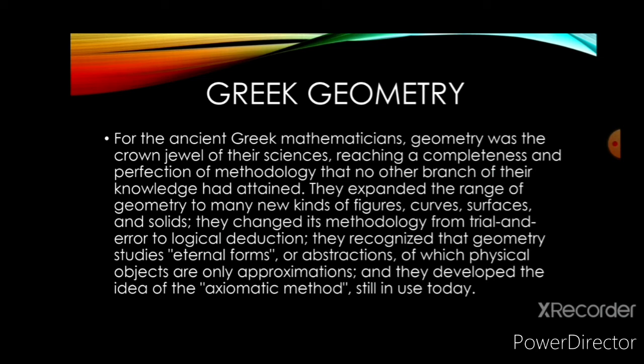They recognized that geometry studies eternal forms or abstractions, of which physical objects are only approximations. And they developed the idea of the axiomatic method still in use today. So the Greeks had a very huge impact on the development of the field of geometry in mathematical history.